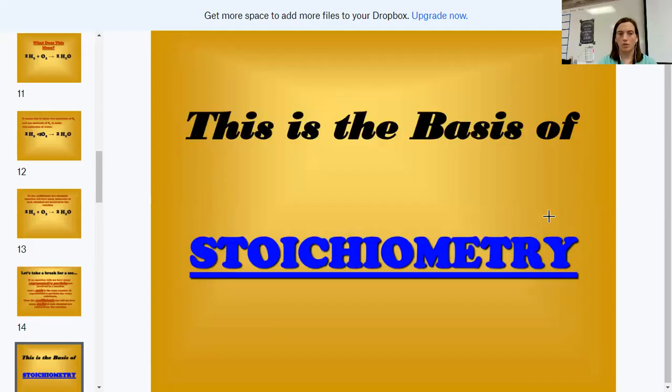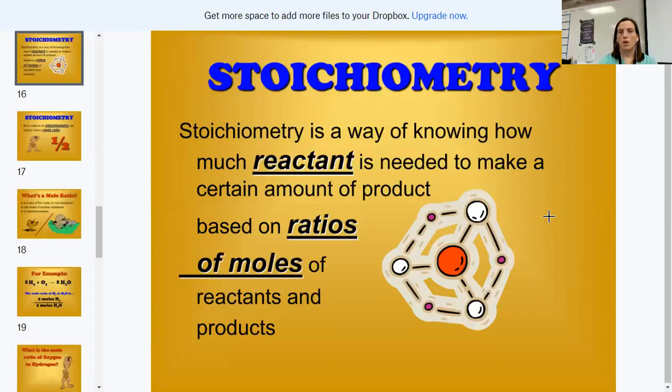This is the basis of stoichiometry. Again, I'm giving y'all a second to catch up on writing if you need to. Stoichiometry is a way of knowing how much reactant is needed to make a certain amount of product, based on the ratios of moles of reactants and products.